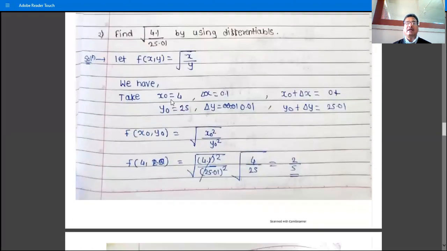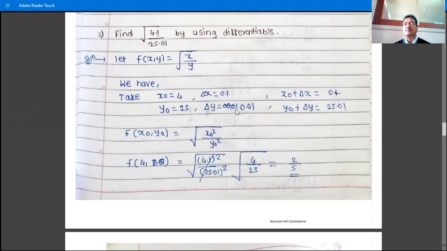Okay, and then take x naught as the nearest number to 4.1, which is 4. Obviously delta x is 0.1, because we adjust delta x in such a way that x naught plus delta x becomes 4.1.